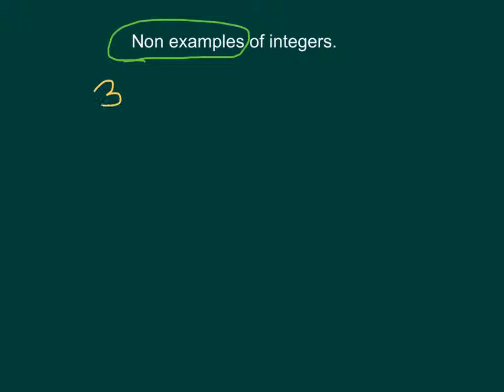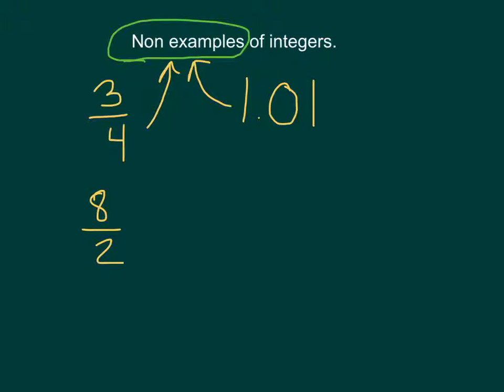If we have a fraction, that is not an integer. That is a non-example. If we have a decimal, 1.01, that is a non-example of an integer. Any fraction or any decimal. And remember, if a fraction simplifies to a whole number, like 8 divided by 2 or 8 over 2, and it can simplify to a whole number 4, then that is an integer.